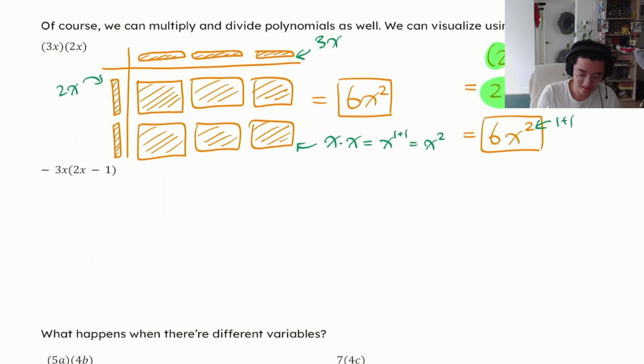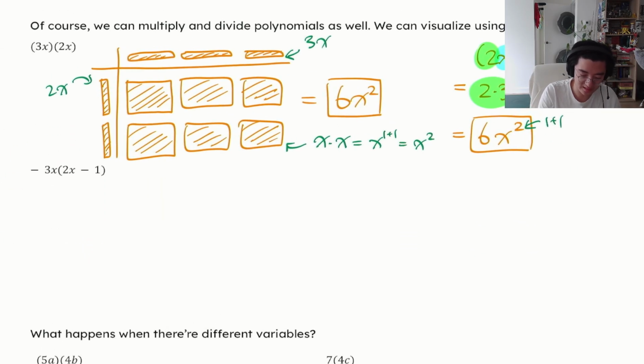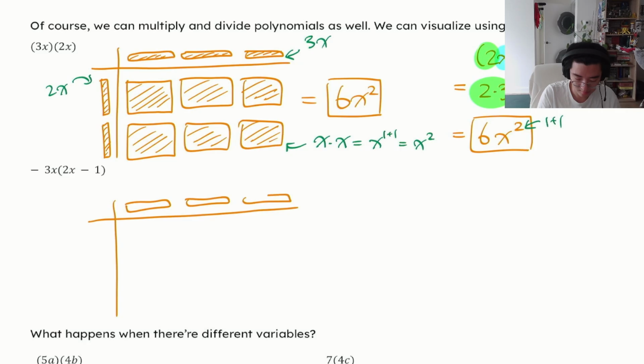How about our next one here with brackets? In this case, we have to multiply everything inside the bracket. Once again, let's put our long strips here on top. We have negative 3x up here. On the side, we have 2x minus 1.